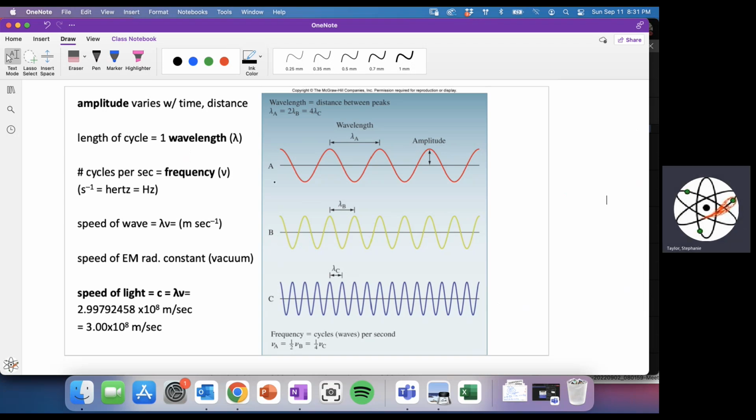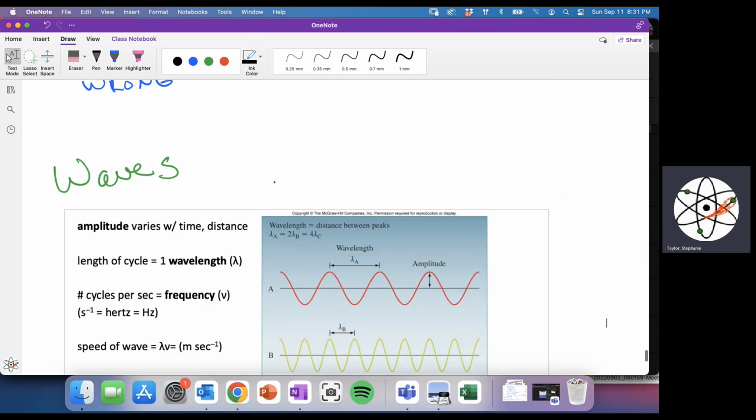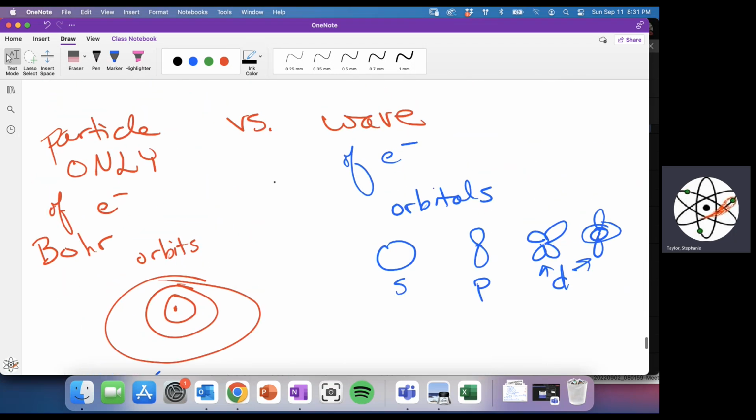So there are also just some definitions that go with waves. But typically when we're talking about that, we're usually talking about how that relates to electrons specifically. Electrons in Bohr's model, particles only. Schrodinger's model, particles and waves, going from orbits to orbitals.